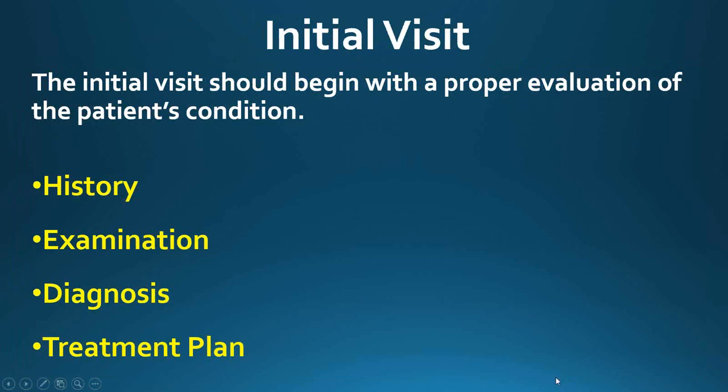As we know, in our initial visits with patients, and really with all patient visits, there are four aspects to the evaluation and treatment plan: the history, the examination, the diagnosis, and then the treatment plan. What we're going to focus most of our attention on today is the history, and this is the most important part of the initial visit.